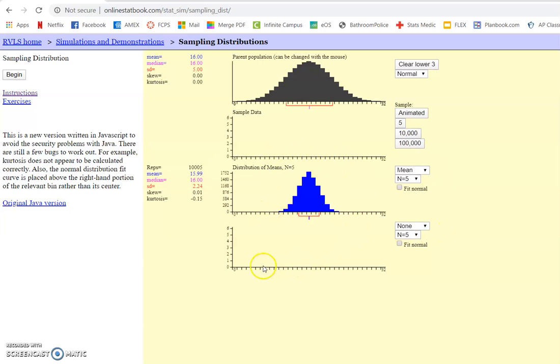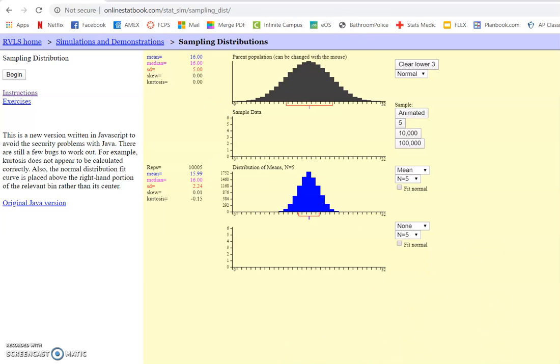Okay, so now we're looking at our distribution that is very clearly normal with a median of 16, and there were 1,752 samples of 5 means that had an average of 16. So that's a lot.